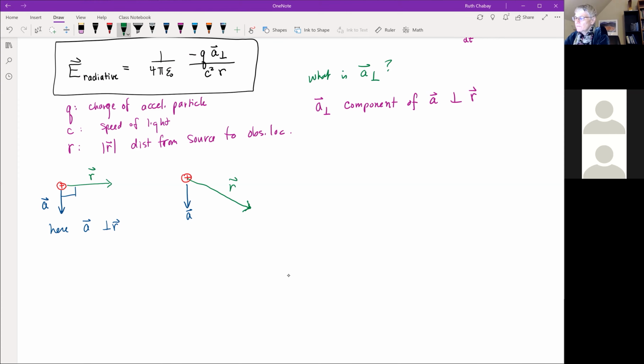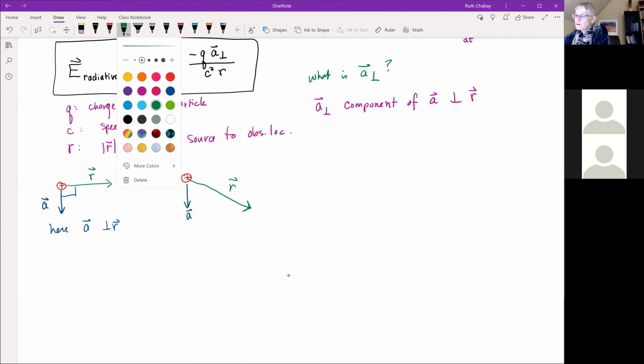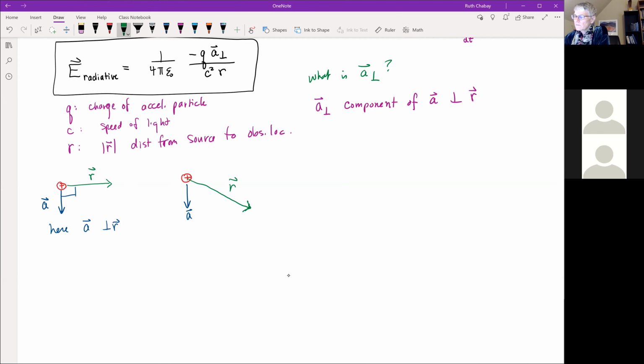Well, what we want is the component of A that's perpendicular to R. So what we're going to do is draw an imaginary line that's perpendicular to R. And then we'll take the projection of A onto that line, the component of A that's along that line. So that would be a component of A on that line, and of course that would be the component of A parallel to R.